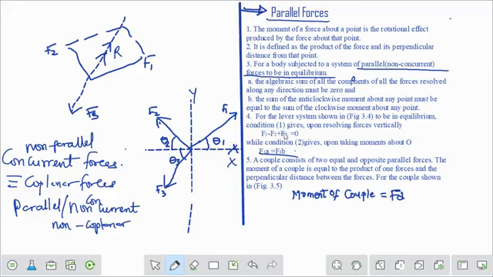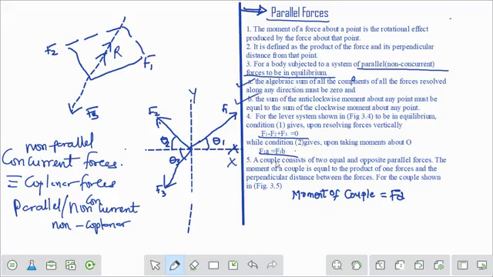I hope you understand. So don't be confused. Part of this is that the sum of upward forces is equal to the sum of downward forces. So this is what condition 1 is trying to say, and condition 2. So this is how we get them.